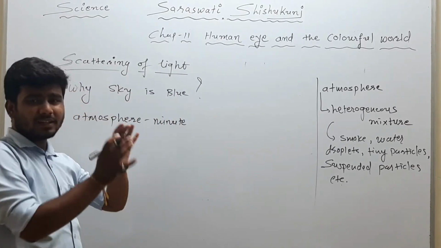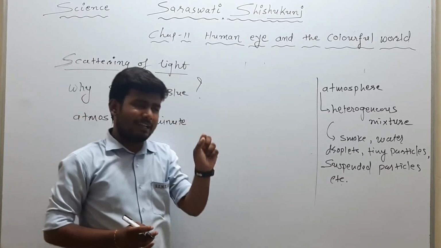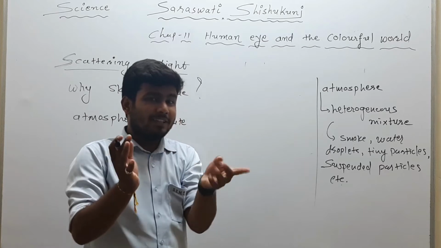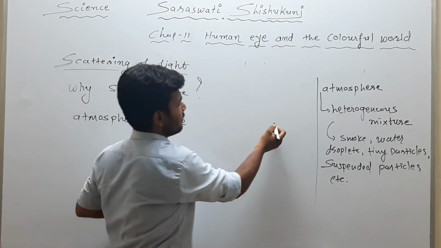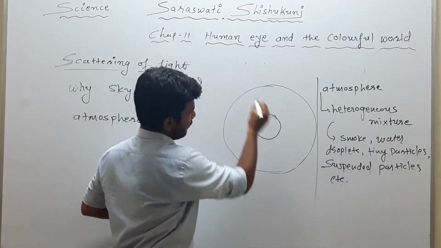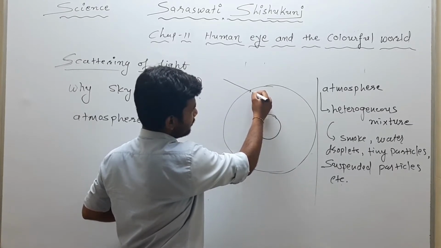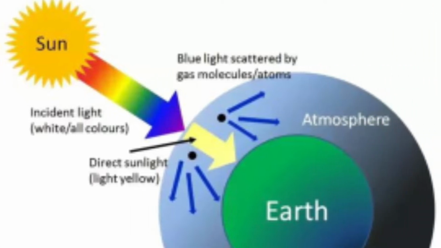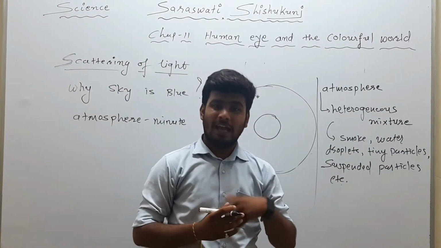So when light enters our atmosphere, as we discussed, the minute particles will scatter the shorter wavelength blue color more. So when light enters the atmosphere of Earth, due to minute particles, its blue color will scatter everywhere, right? It will scatter in all directions.